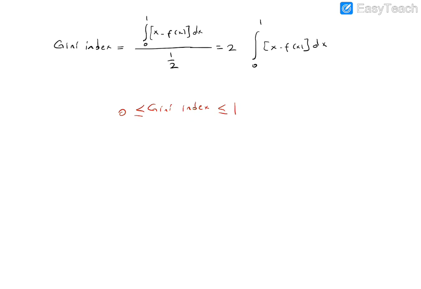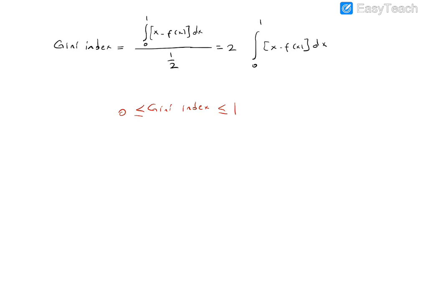So we can make some comments about the Gini index. The closer the index is to 0, the closer the income is to being equally distributed. This is a good situation. The closer the index is to 1, the closer the income is to being concentrated in a few hands. This is a bad situation.